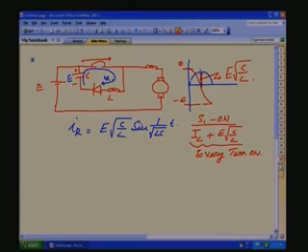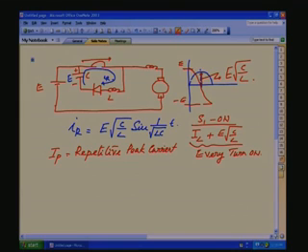Any thyristor will have a repetitive peak current, let us call it IPR, repetitive peak current. Any thyristor data sheet will give this.